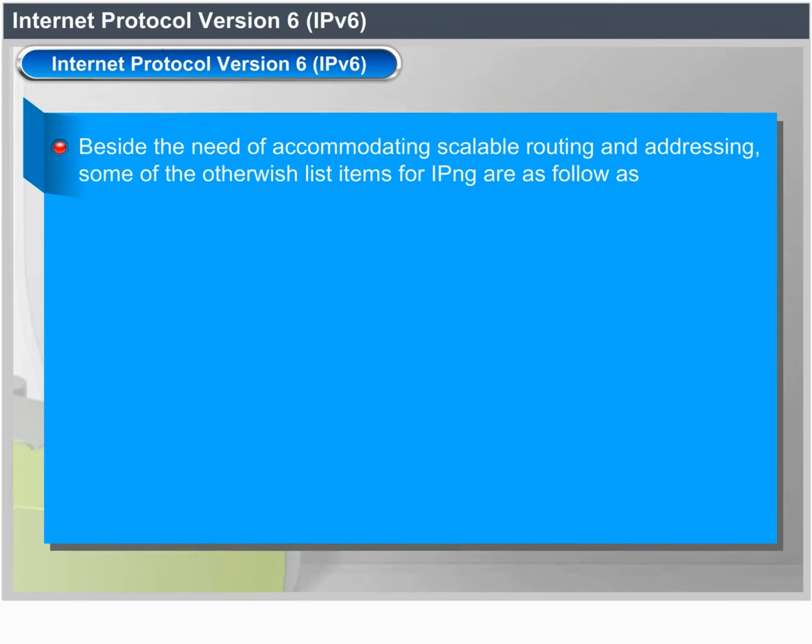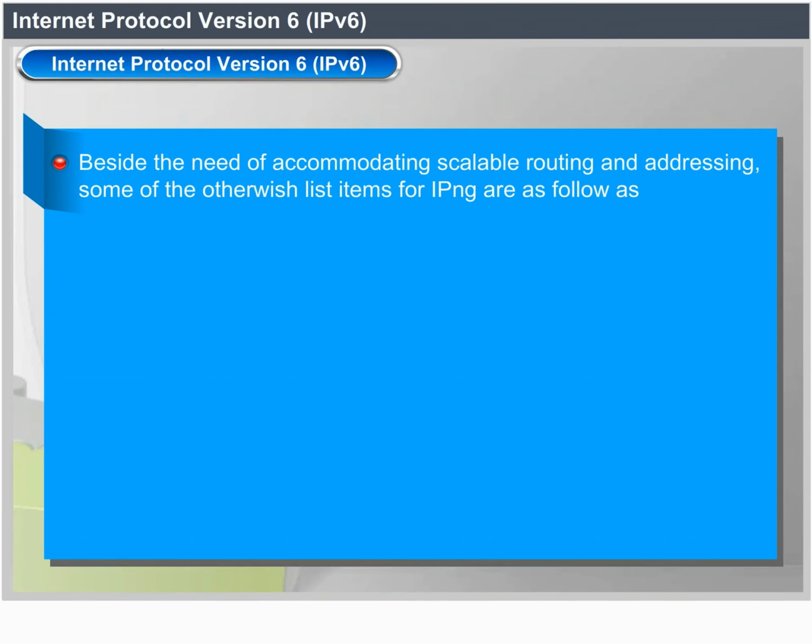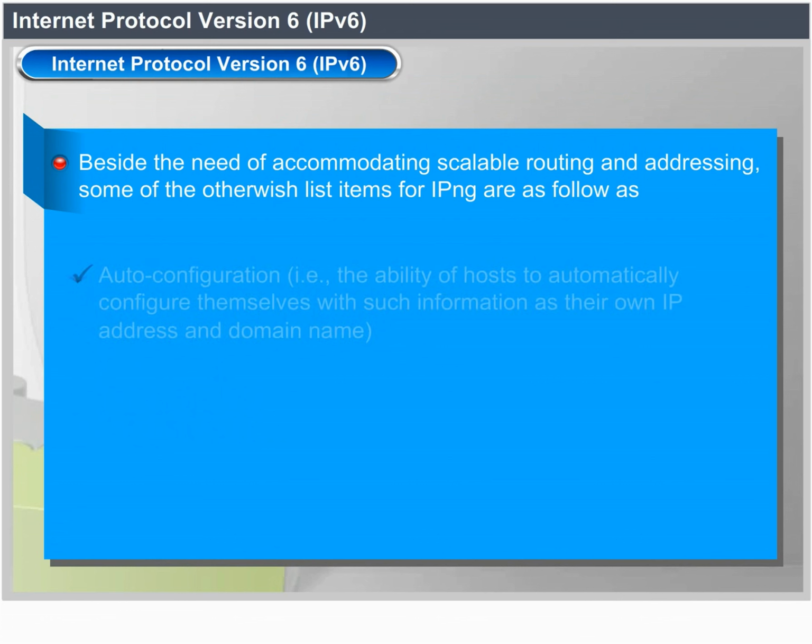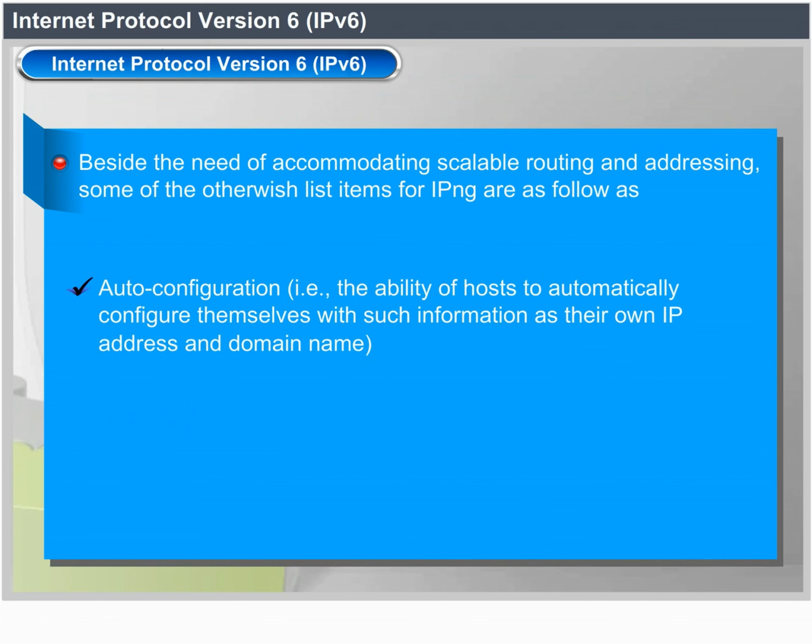In addition to the need to accommodate scalable routing and addressing, some of the other wish list items for IPng were support for real-time services, security support, autoconfiguration, that is, the ability of hosts to automatically configure themselves with such information as their own IP address and domain name, and enhanced routing functionality, including support for mobile hosts.